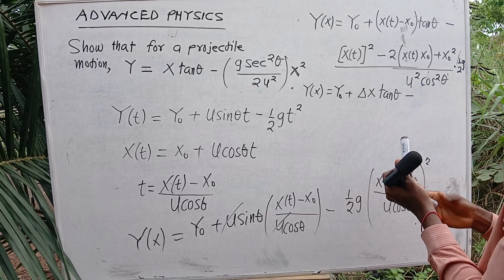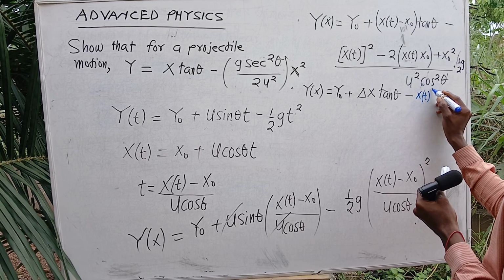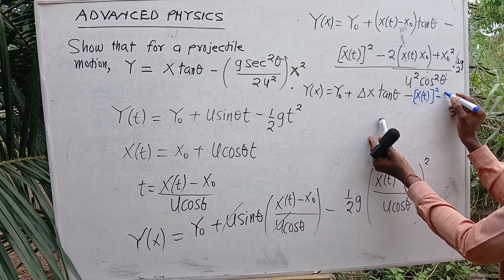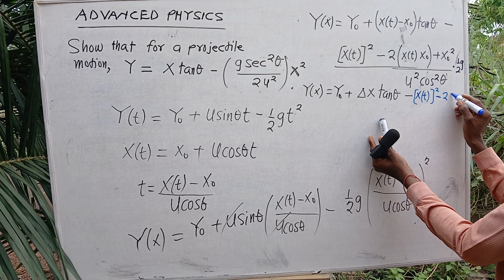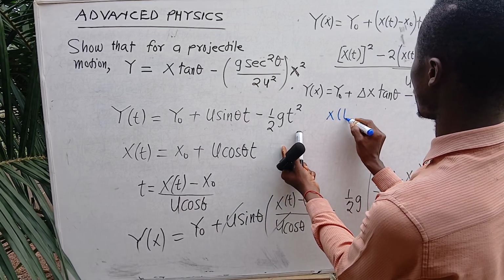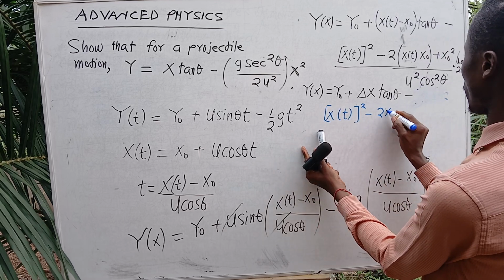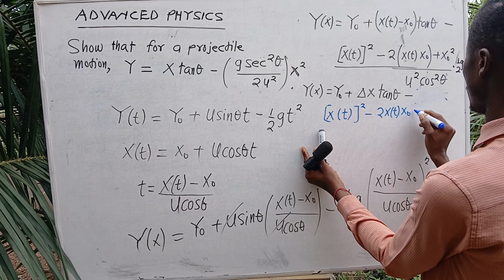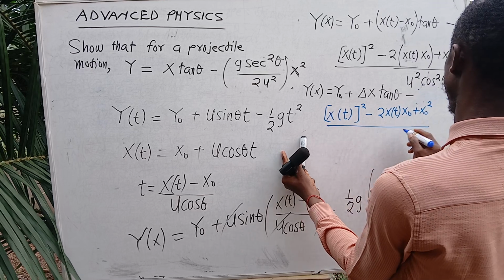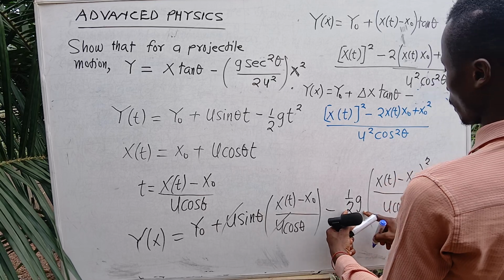Minus, we have x of t squared minus 2 times x of t times x naught plus x naught squared, all divided by u squared cos squared theta, then times half of g.